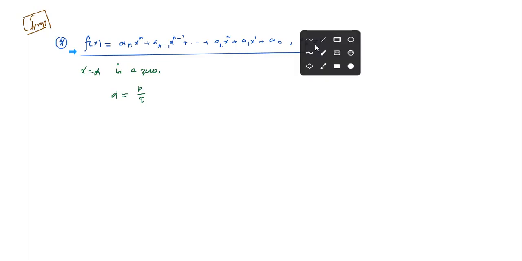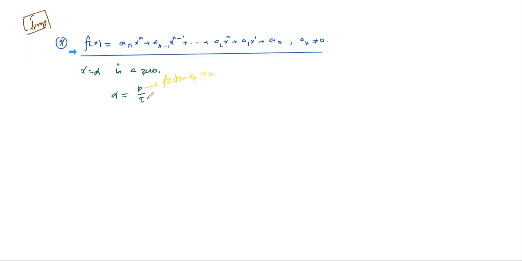And this p will be a factor of a naught, and this q will be a factor of a n. This is a very important part to remember. Please note it down. It may happen that ultimately p by q gets reduced and we get an integer.